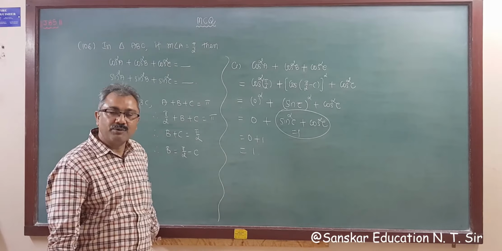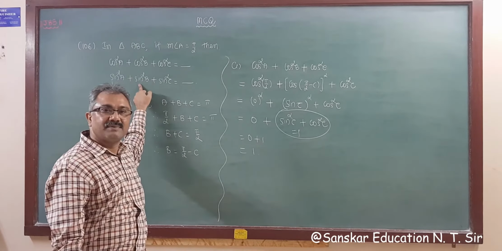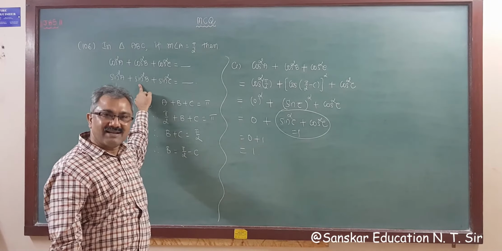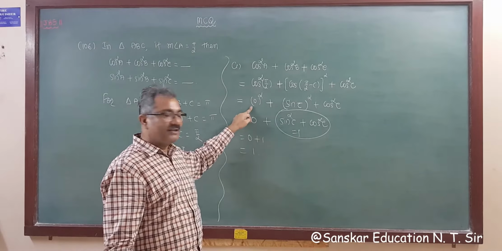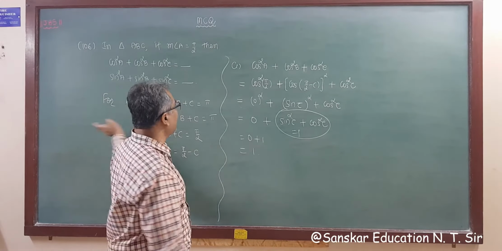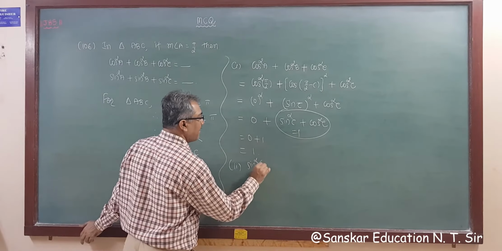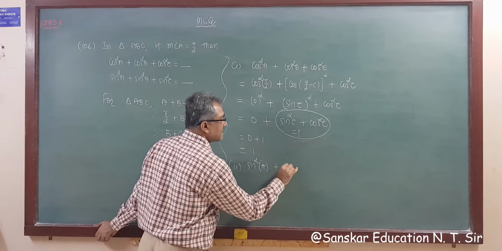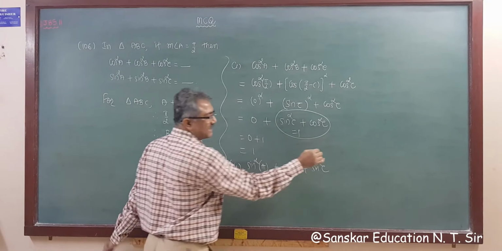Now are you able to say what is the answer of the second one? Yes, it's 2, because sin 90 is 1, so 1 plus 1 is 2. See how this is given: sin square A plus sin square B plus sin square C, right?